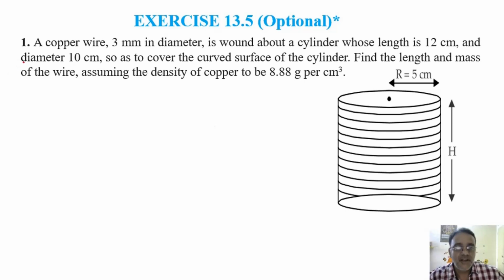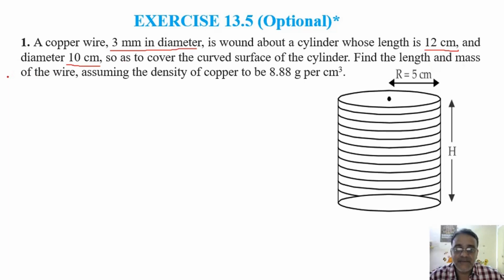The question is: a copper wire 3 millimeter in diameter is wound about a cylinder whose length is 12 centimeter and whose diameter is 10 centimeter, so as to cover the curved surface area of the cylinder.